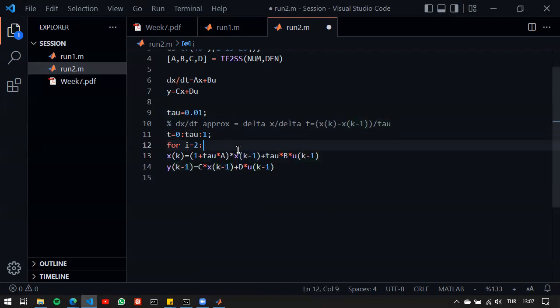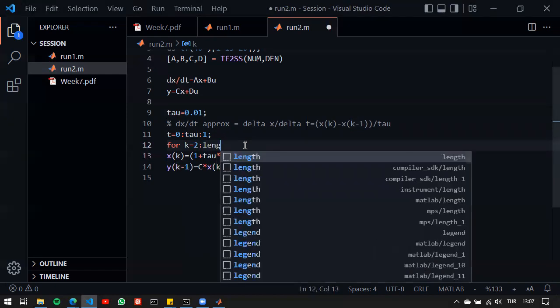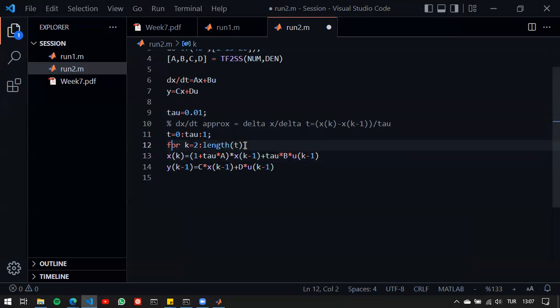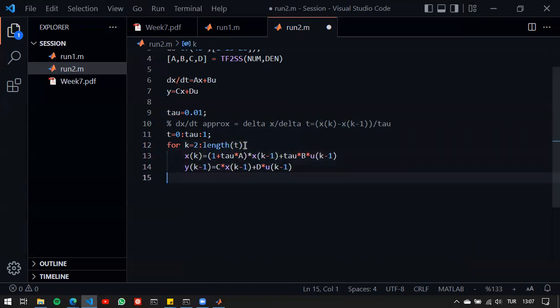So therefore, we should start at 2, where, by the way, if k is equal to 2, k minus 1 will give us the initial conditions. Therefore, we're using the initial conditions here. And then this will be up to length t here. And we need to calculate these here.